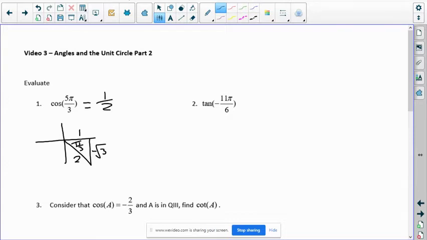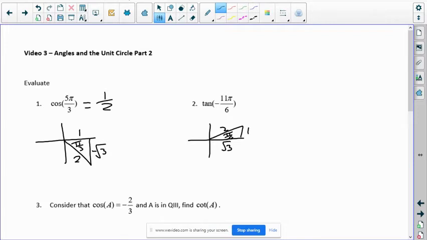It's 1/2. Now, the tangent of negative 11 pi sixth, we're going to be going clockwise because it's a negative angle. 11 pi sixths will bring it into the first quadrant. So it gives us a pi sixth reference angle, which gives us 1, square root of 3, 2.